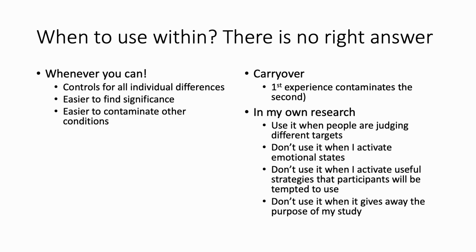If I were to teach something that's really effective, like a memory technique that you can easily use without me seeing you use it first, then what's stopping you from using it the second time I present the second condition? I also don't use a within participants design when it gives away the purpose of my study.